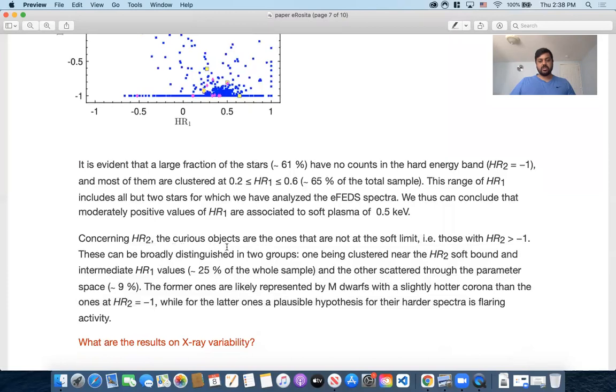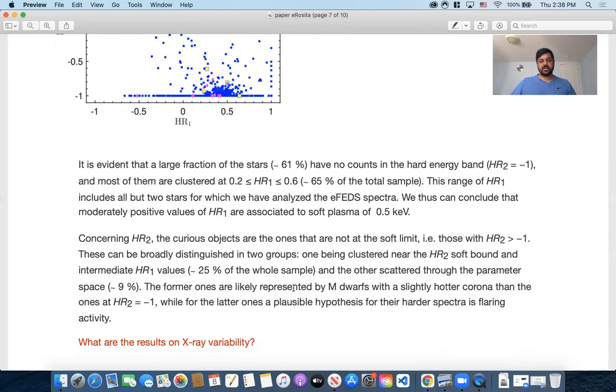Concerning HR2, the curious objects are the ones that are not in the soft limit, that is HR2 greater than -1. These can be broadly distinguished into two groups, one being clustered near the HR2 soft bound and intermediate HR1 values, and the other scattered through the parameter space.